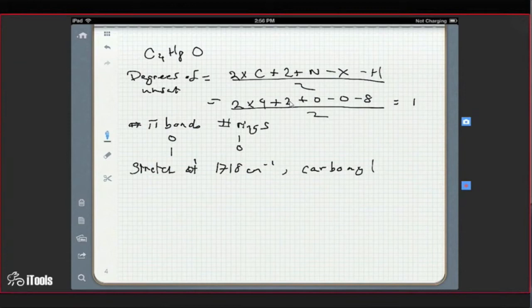So there's going to be one CH3 group attached to the carbonyl, and then CH2CH3. You have a CH3 group that's attached to CH2. So that can only be here and here.